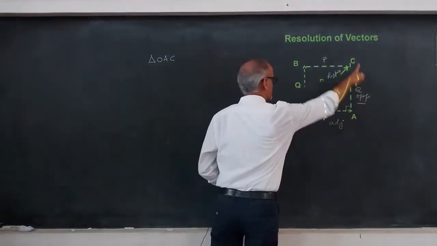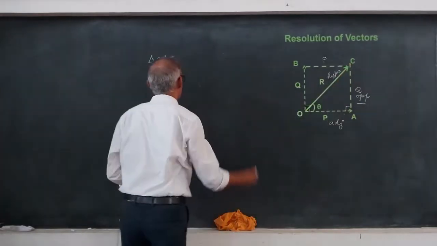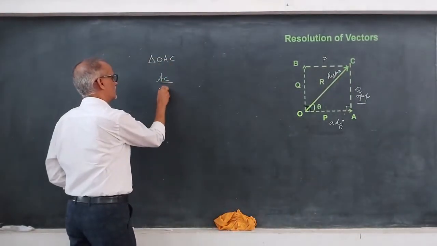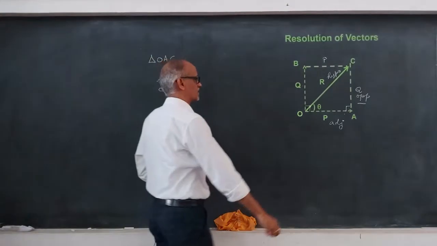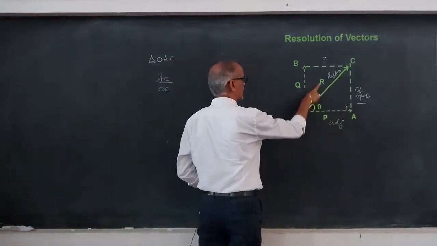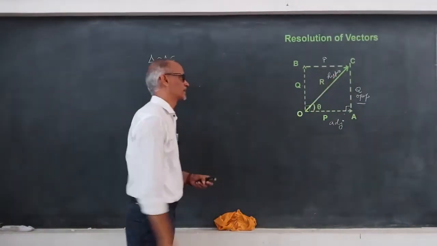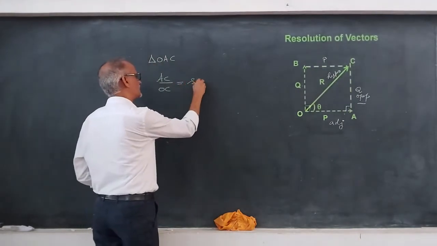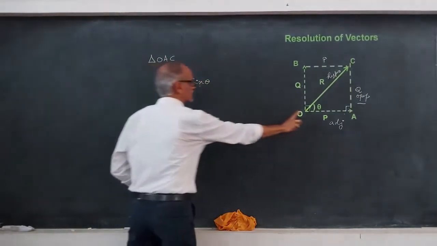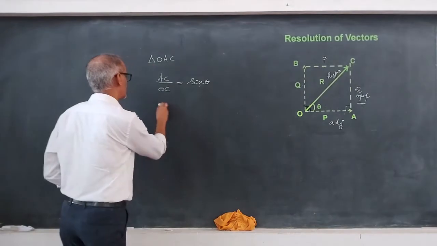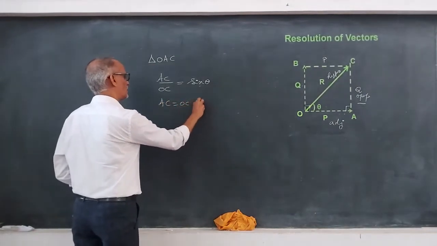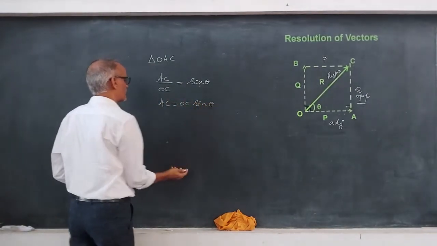Okay. Recall the definition. What is AC by OC? AC is the opposite side. OC is the hypotenuse. Opposite by hypotenuse is nothing but sine theta. So sine of the angle, which is this. Correct? And now write AC is equal to OC sine theta. What is AC?